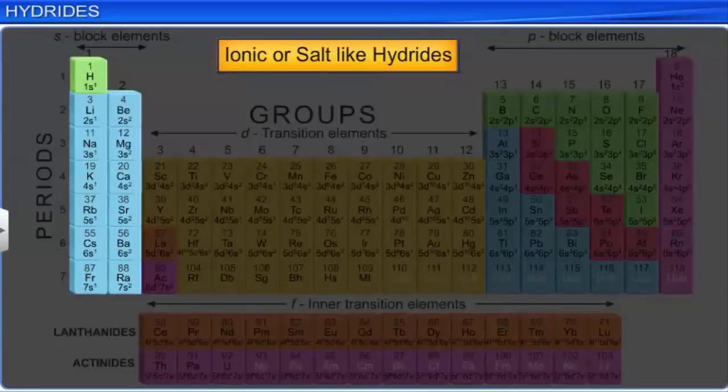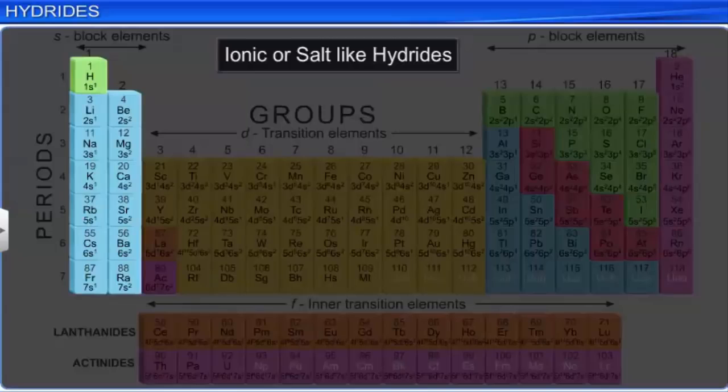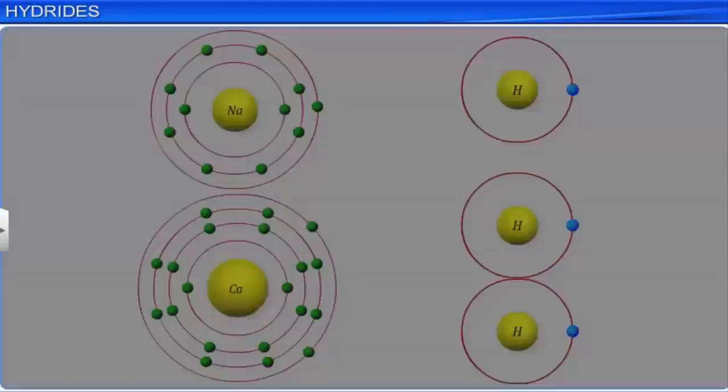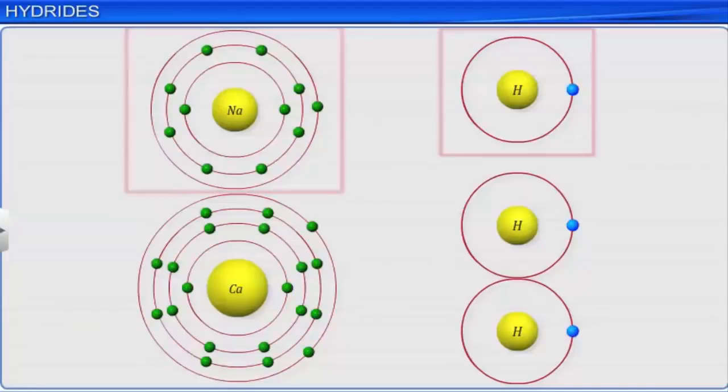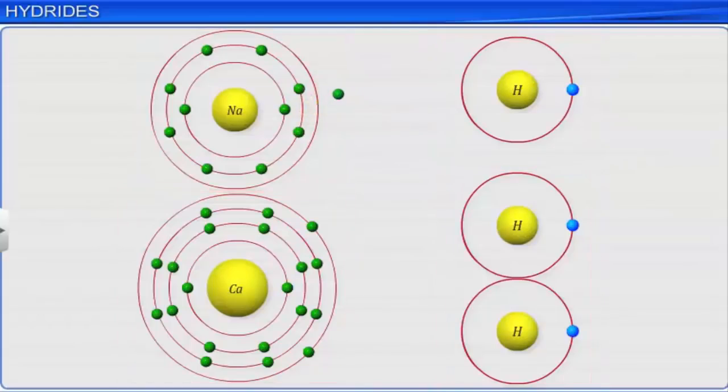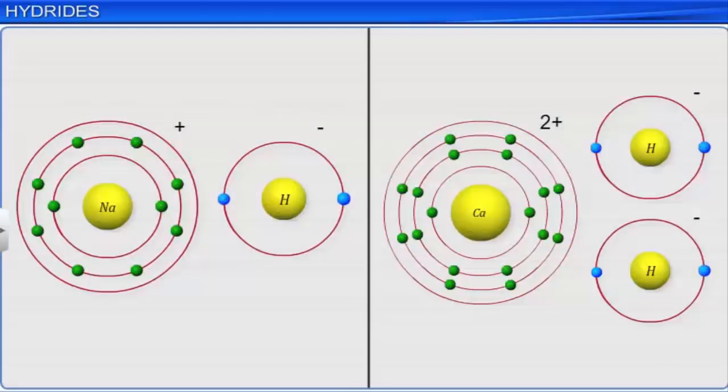However, compounds formed with lithium, beryllium, and magnesium exhibit higher covalent character. Ionic hydrides like sodium hydride and calcium hydride are formed by the transfer of electrons from the metal atom to the hydrogen atom. This is also why they are called salt-like hydrides.